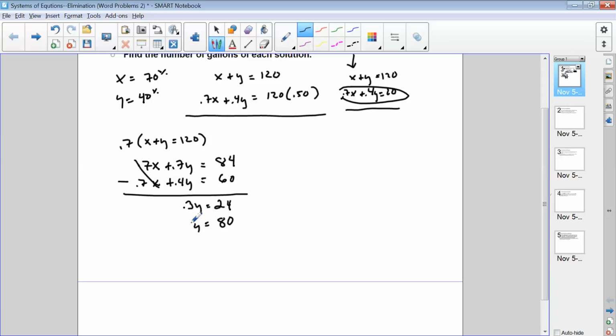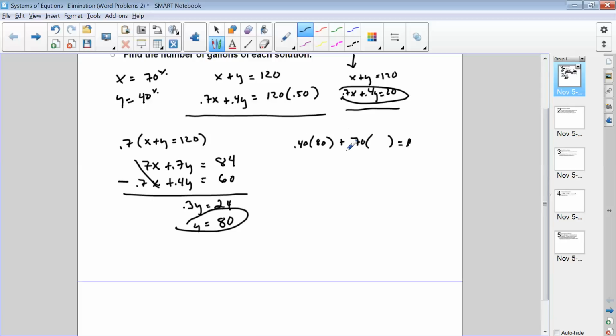All right, what does that mean? Well, that means that the 40% solution had 80 gallons, and the 70% solution, I don't know yet, and that should equal the 60 gallons.